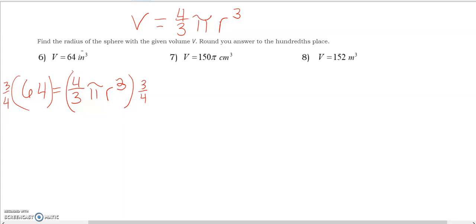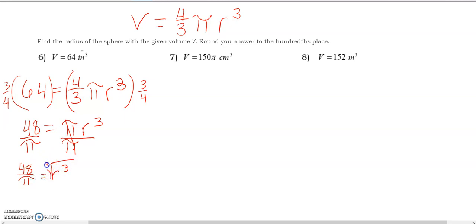When you go ahead and multiply 64 by 3/4, you'll get 48. And then we have pi r cubed. I'm going to divide by pi on both sides. So my pi's cancel out here. And you can see you've got 48 over pi equals r cubed.